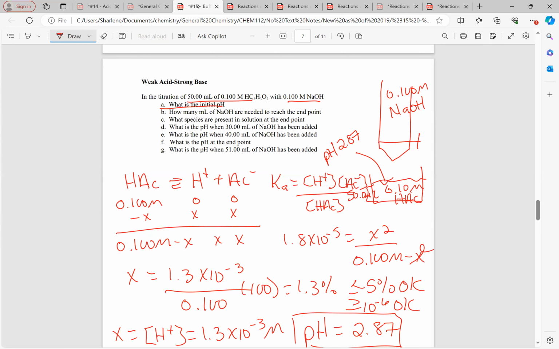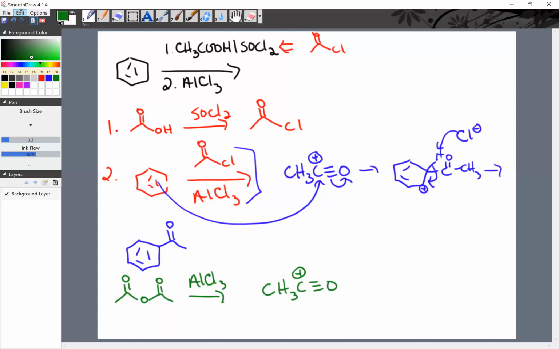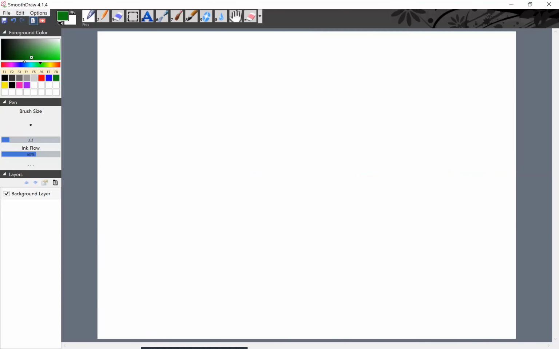Now remember, a titration is when you add equal amounts of acid and base. This one's much easier to erase on. Okay. So a titration, H2O plus A minus.